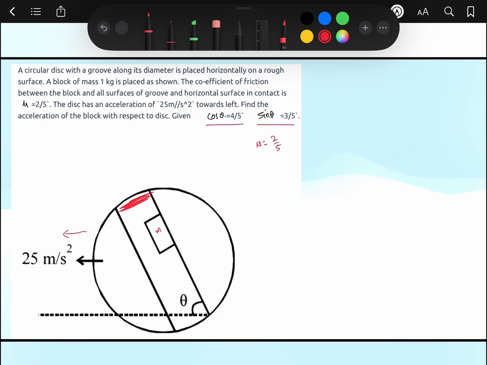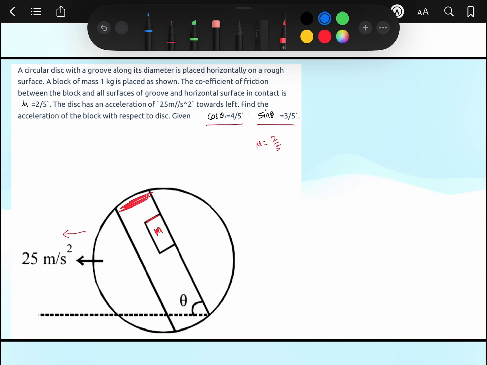So I am assuming that you guys know the meaning of this groove and how this mass is placed in this groove. When we place this block of mass m in the groove, there will be two surfaces of the groove in contact with the mass. ये जो block है m mass का, ये इस ग्रूव के टू सरफेसेस के साथ कांटेक्ट में रहेगा. सो इसके ऊपर दो नॉर्मल फोर्स लगेंगे.